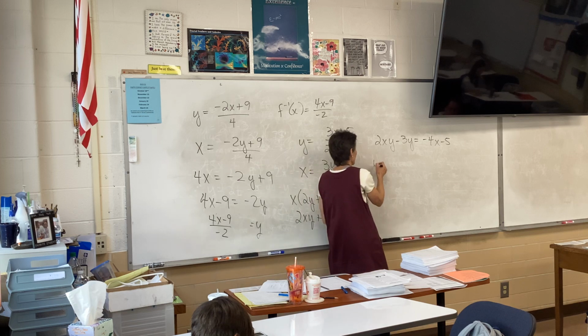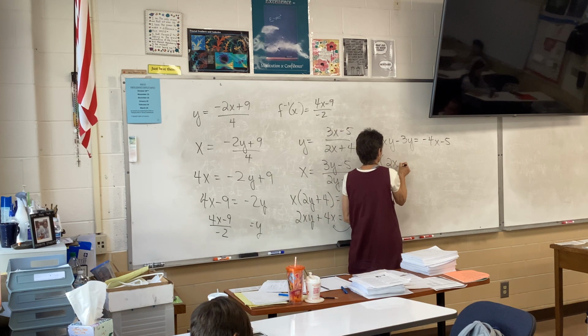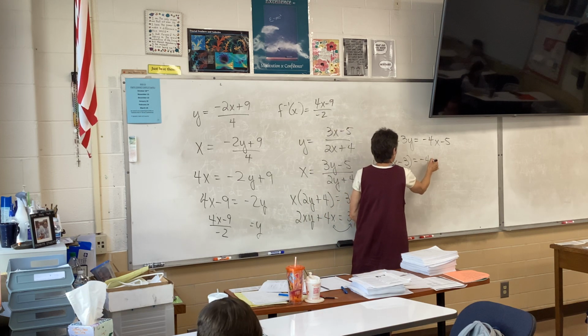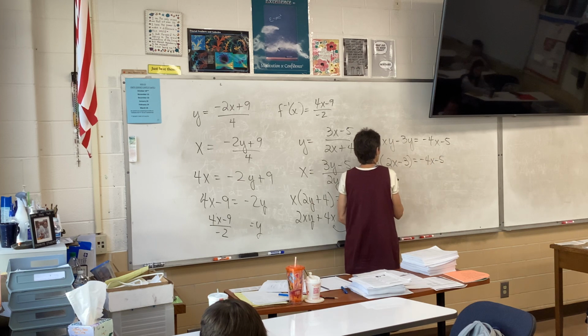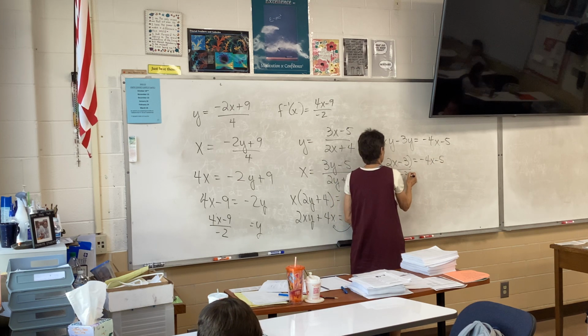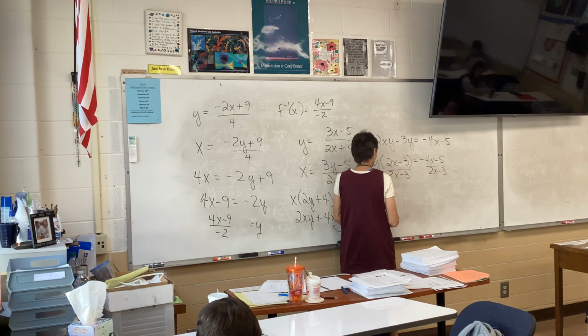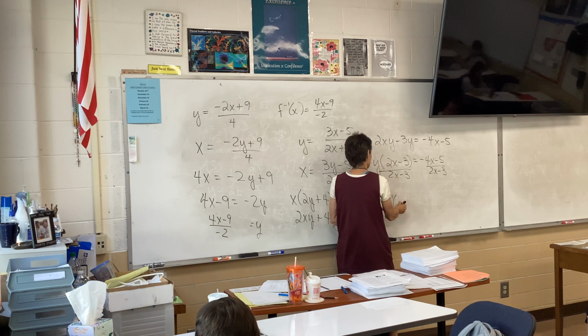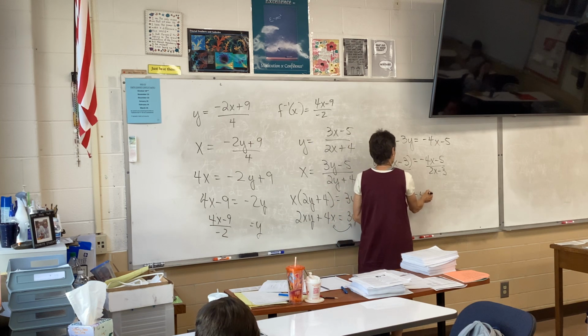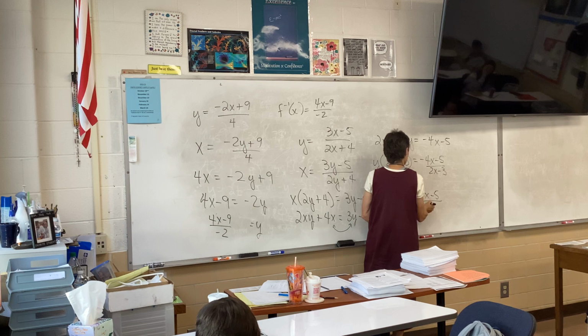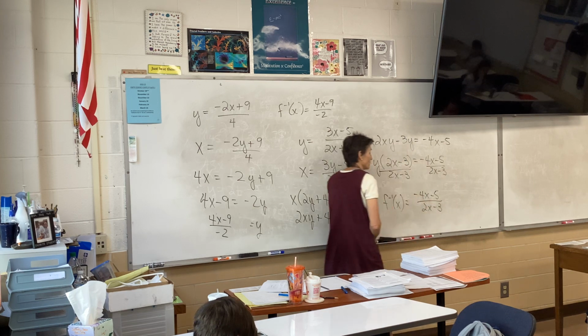Now I can factor out my y and divide by the parentheses. So y equals, or the answer blank will say f inverse equals, negative 4x minus 5 over 2x minus 3.